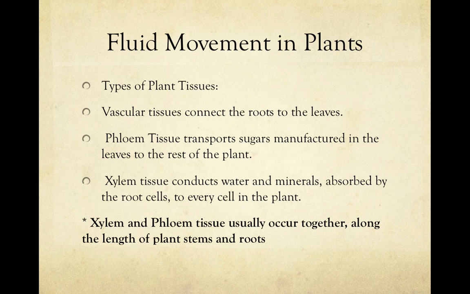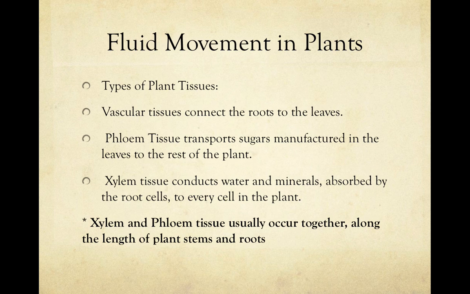Okay, and then the xylem tissues conduct water and minerals, which are absorbed by root cells, and then distributed to every cell in the plant as it moves up through these xylem cells from the roots all the way to the leaves, where eventually it's going to escape through these little tiny microscopic pores called stomata.